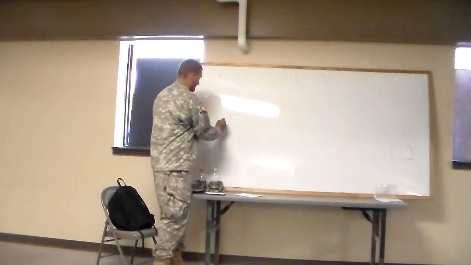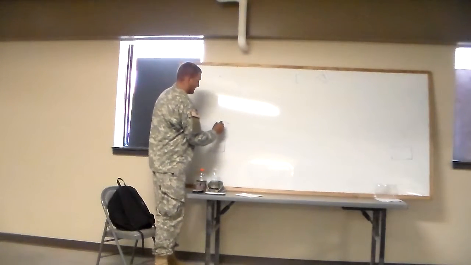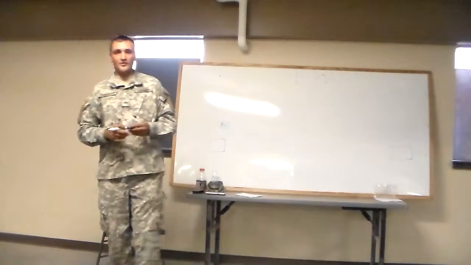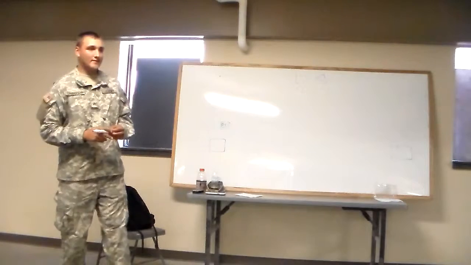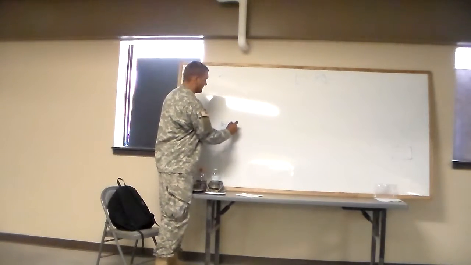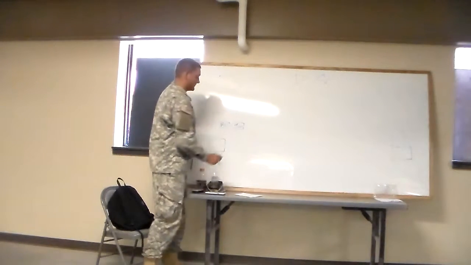So it starts here at the end user. The end user will take, for this example, we'll use an email, and sends it through their network into their ISP. We'll take it in through a switch.